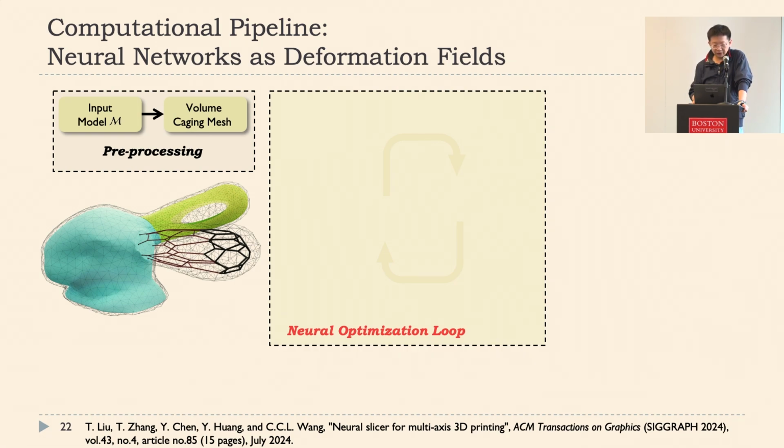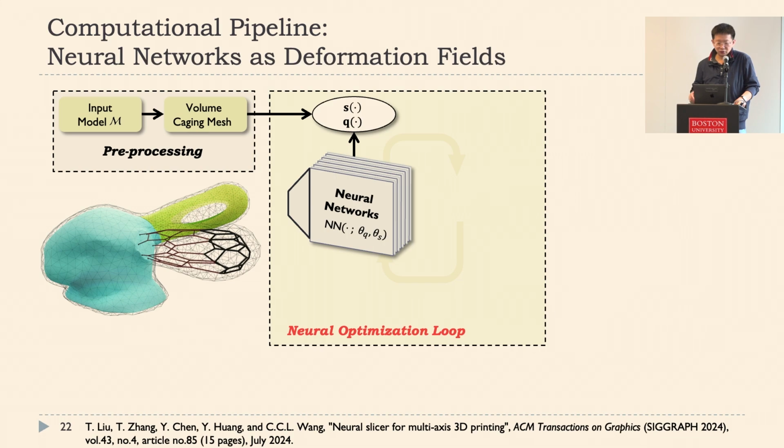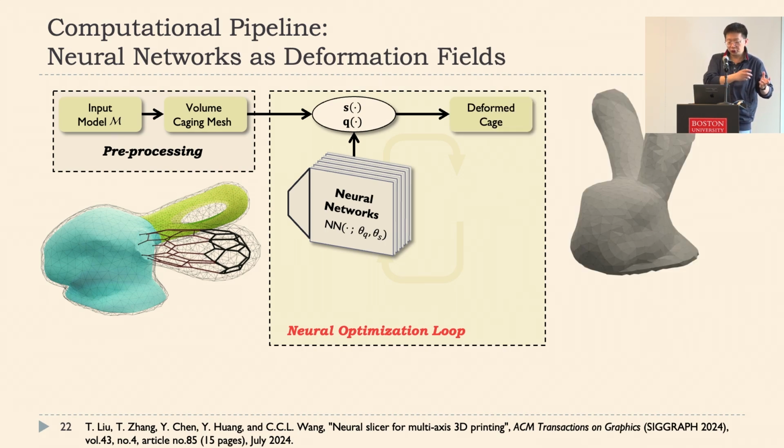So our idea is to convert the quaternion field and the scaling field, which we conducted in the S-cubic slicer, into a neural network representation. With the help of this, we're able to use a meshless, neural field-based representation to deform the original cage mesh into a new cage mesh. Okay?